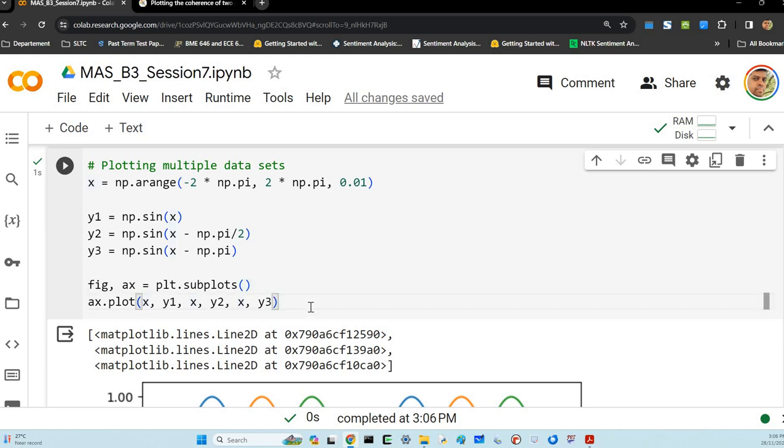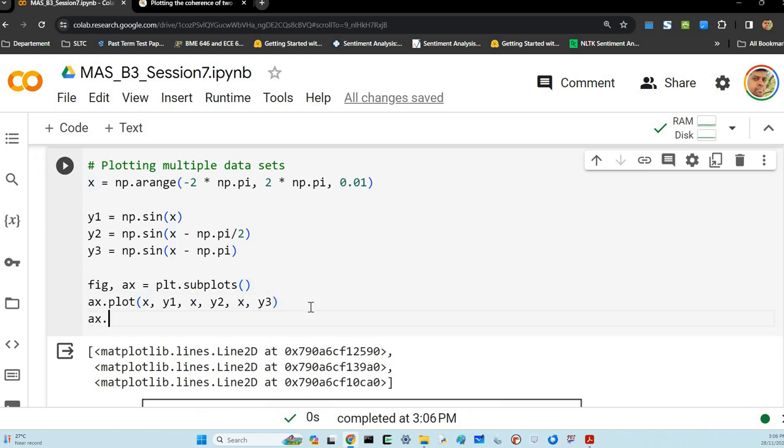So let's put up a legend. We have sine of x, sine of x minus pi by 2.